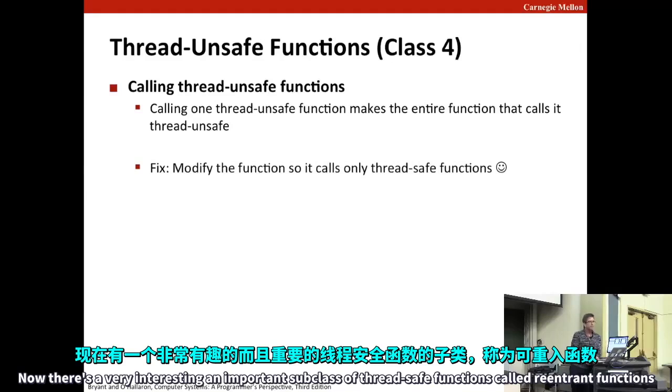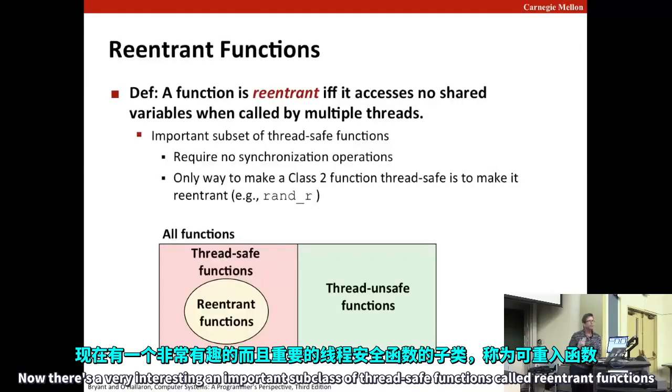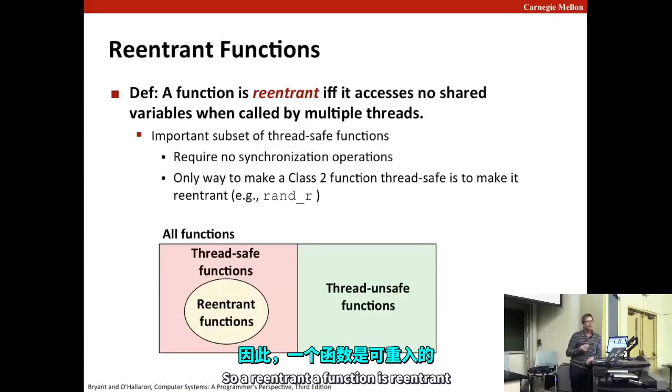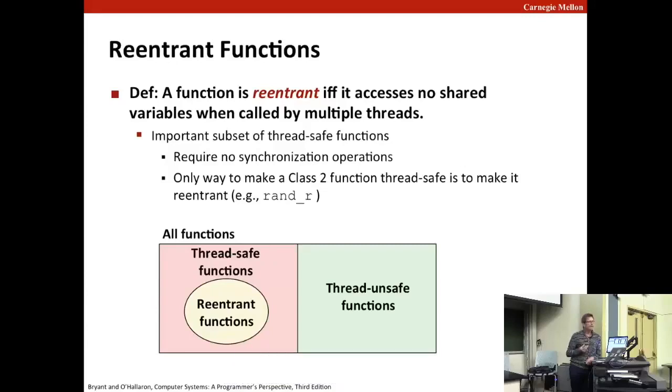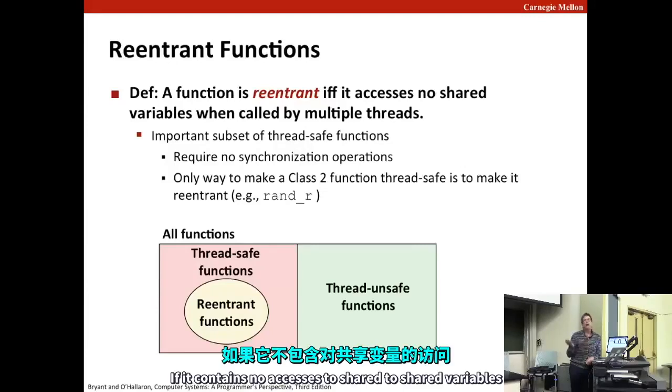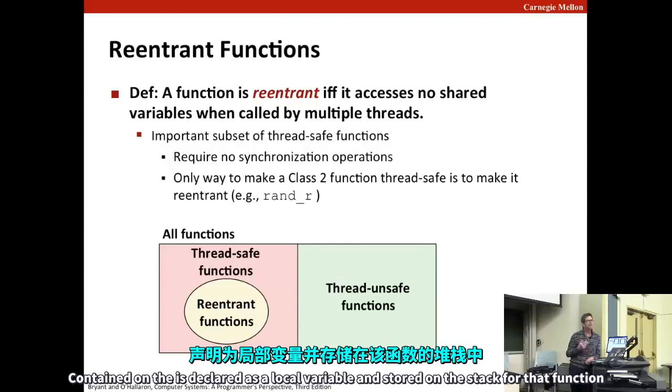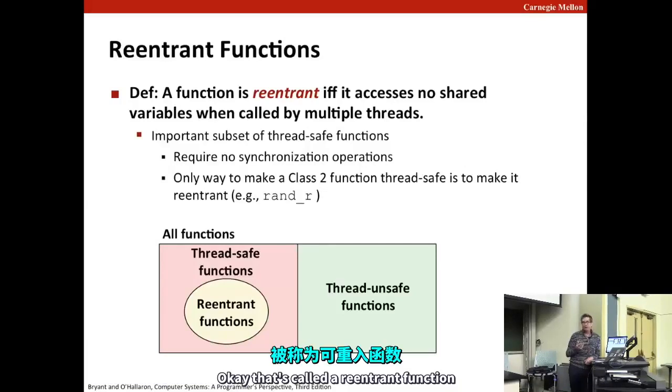Now, there's a very interesting and important subclass of thread safe functions called reentrant functions. A function is reentrant if it contains no accesses to shared variables. So if every variable that it accesses is declared as a local variable and stored on the stack for that function, that's called a reentrant function.